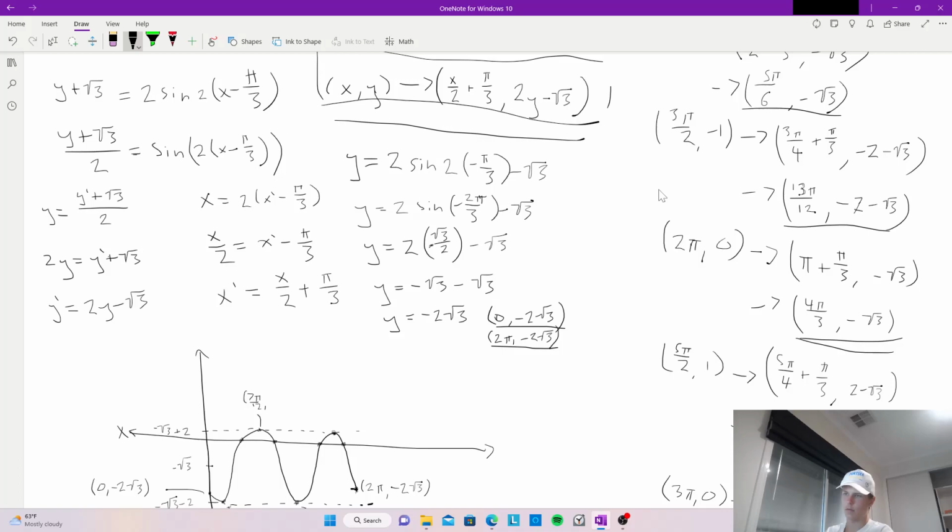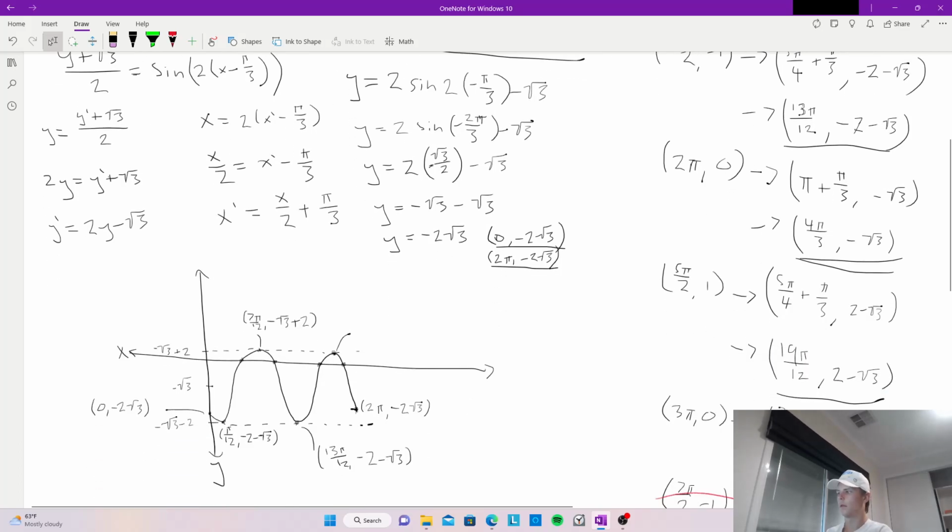So 7 pi over 12 will be negative square root 3 plus 2. And the next one, which would be 19 pi over 12, and then 2 minus square root 3, because I'll look for the next maximum point that we translated across.